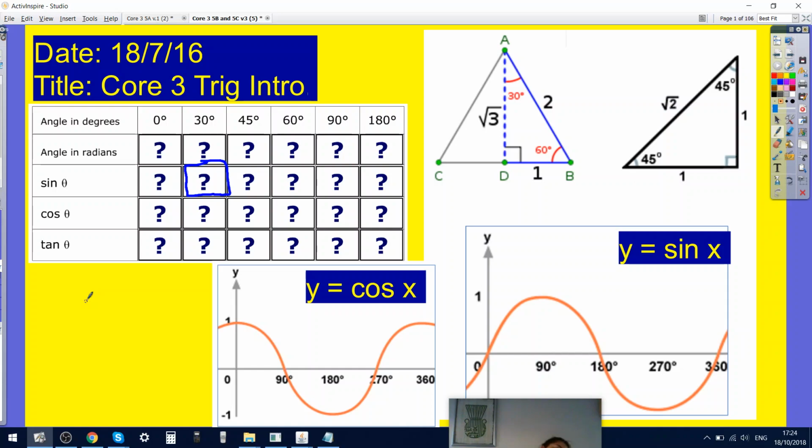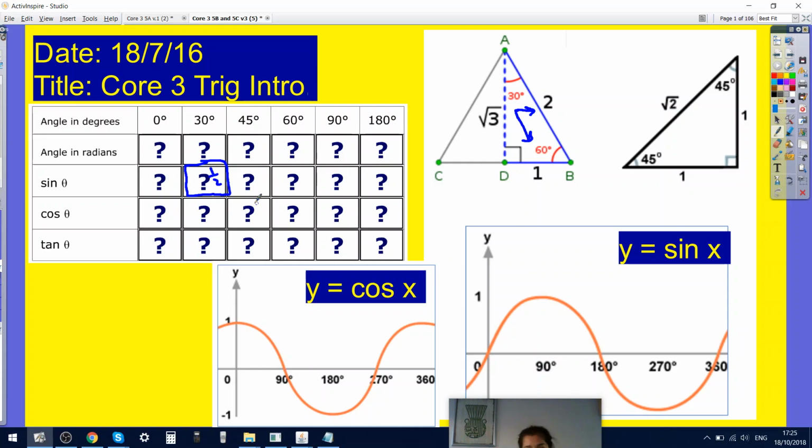Okay. Which triangle do I look at? Sine 30? Half. And sine is opposite over hypotenuse, and you can see 30. Opposite is 1, hypotenuse is 2, 1 over 2, a half.